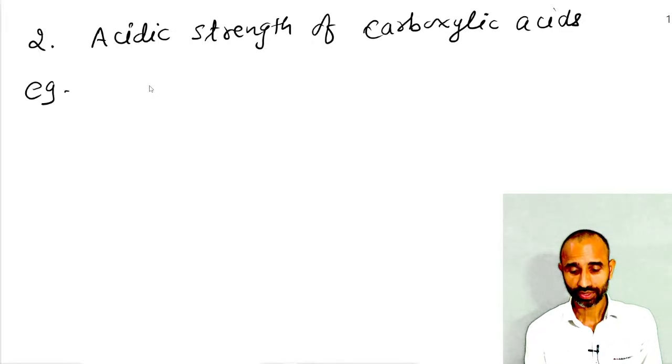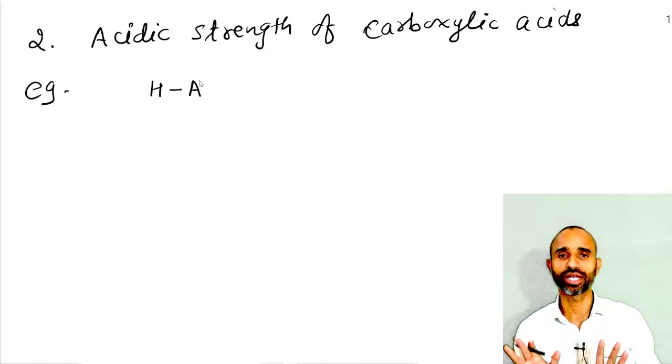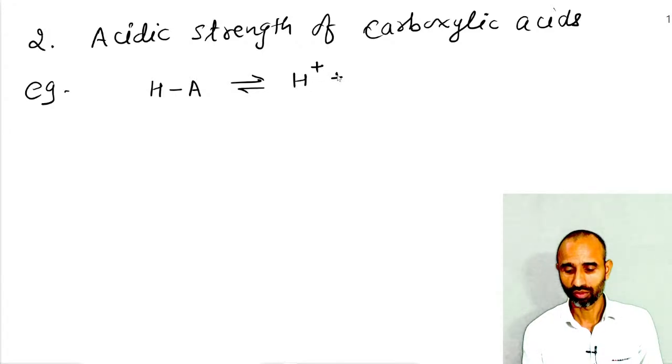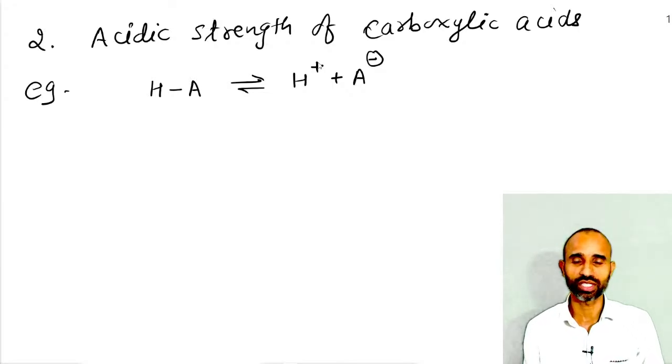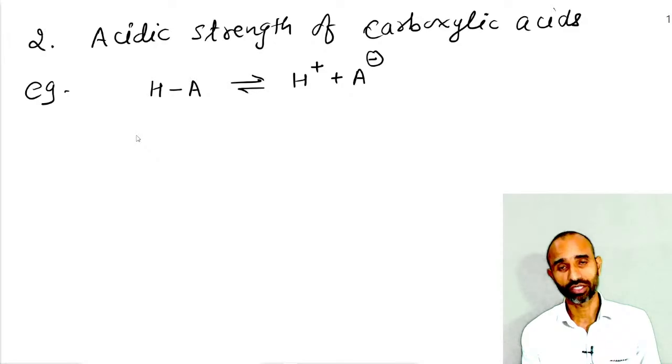See, for any acid, let us say instead of carboxylic acid, HA is an acid. Now this acid will give H plus, because an acid is the one which gives H plus ions. So it depends on two factors.